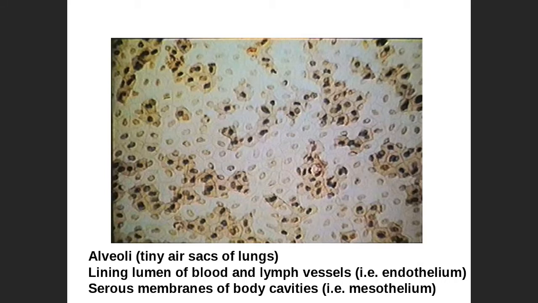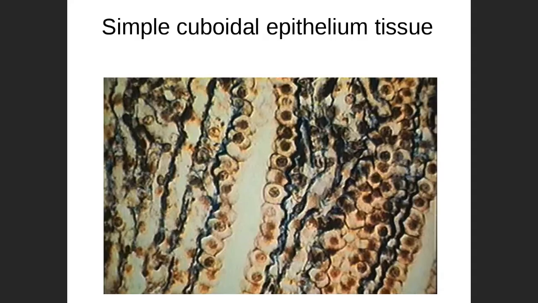At that point, we call that epithelium endothelium, and that will be the inner layer of these structures. And then finally, we already talked about the serous membranes, the body cavities. We were talking about the various pleura, peritoneum, pericardium, and so forth, and we refer to that as mesothelium when we're talking about serous membranes of these body cavities.